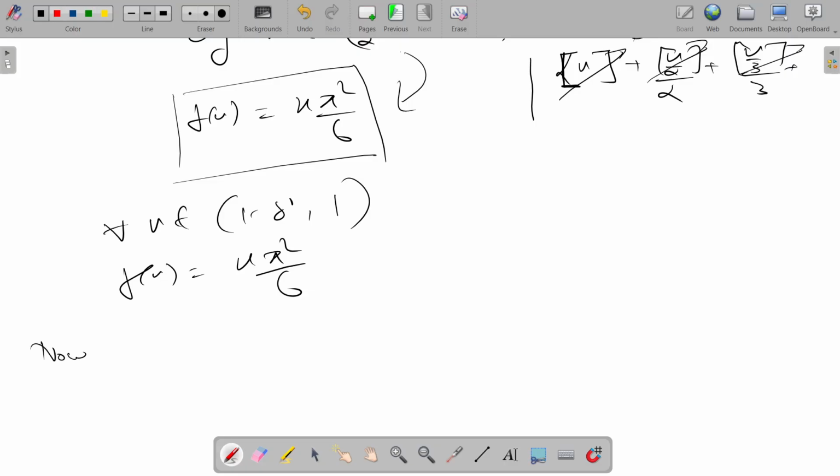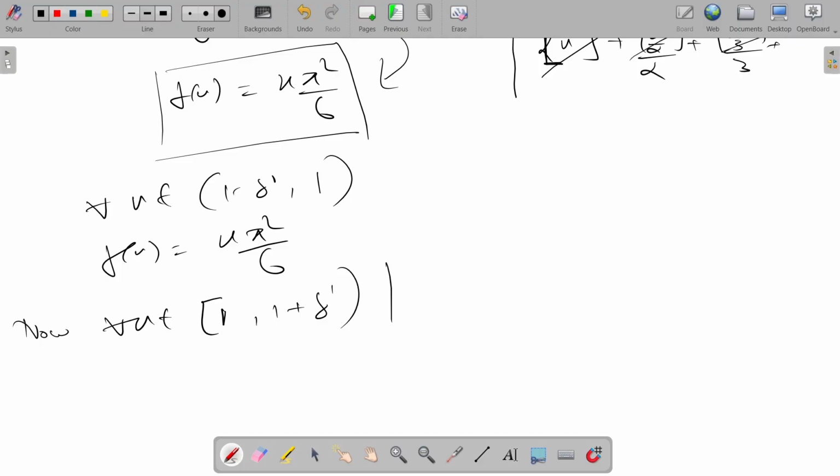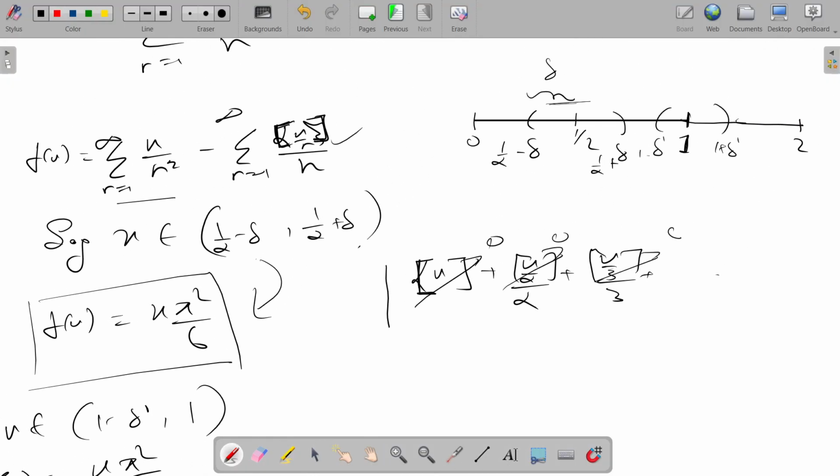Now for all x belonging to 1 and 1 plus delta dash, what will happen here? f(x) as usual will be x pi square by 6 plus, notice one thing: if x lies around here, so this is greater than 1, it is 1 point something.